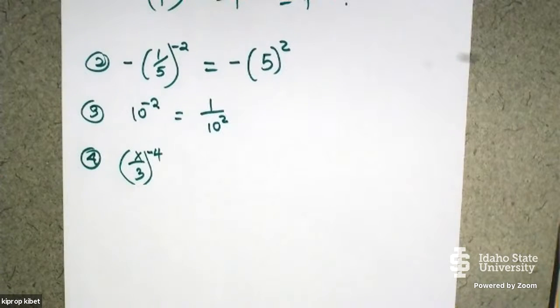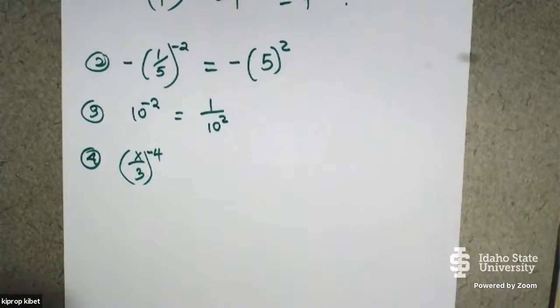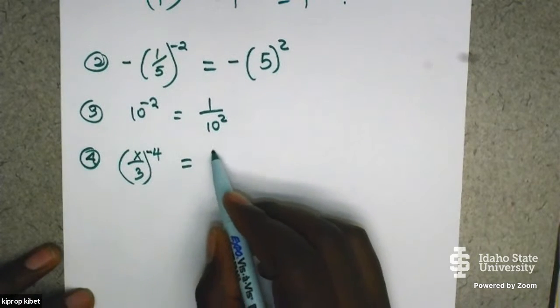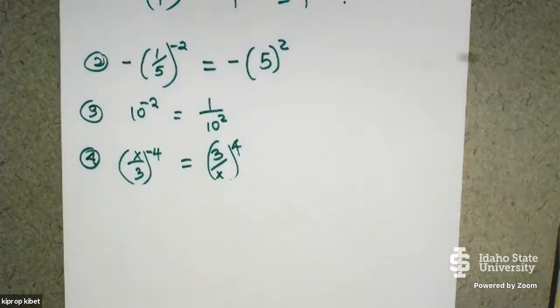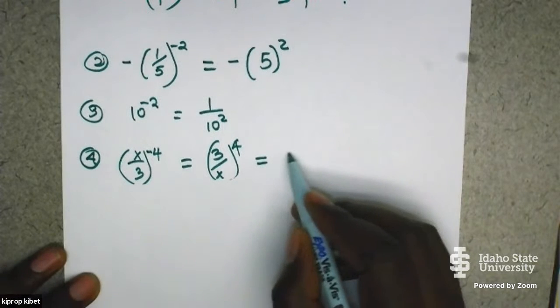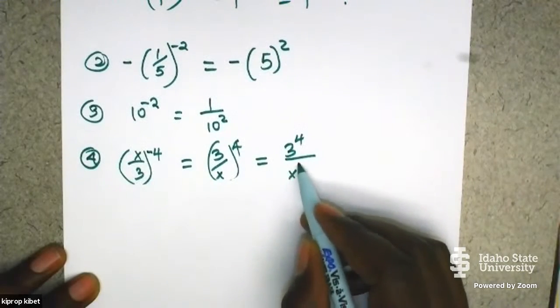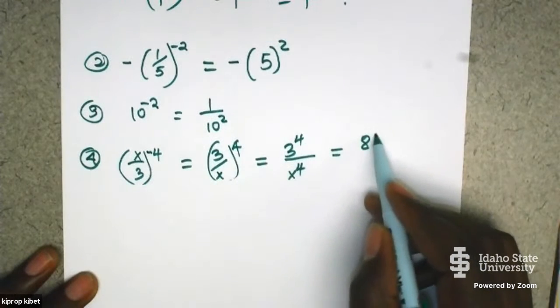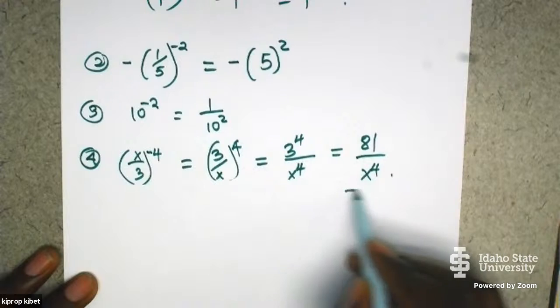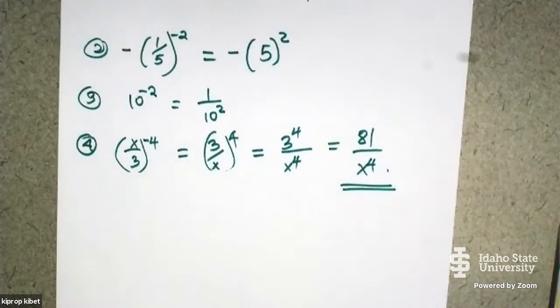This is similar to property number 3, and can be written as 3 all over x raised to 4. And you can still simplify this by using property number 7, where you distribute the power, which is 3 raised to 4 all over x raised to 4. And 3 raised to 4 is equal to 81 all over x raised to 4.